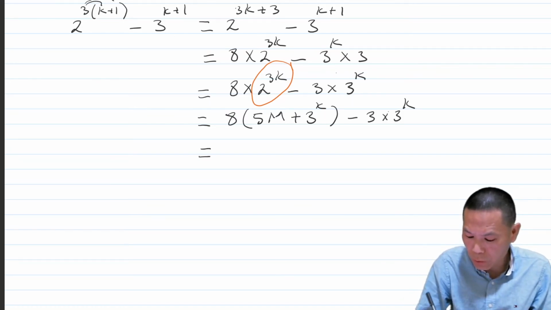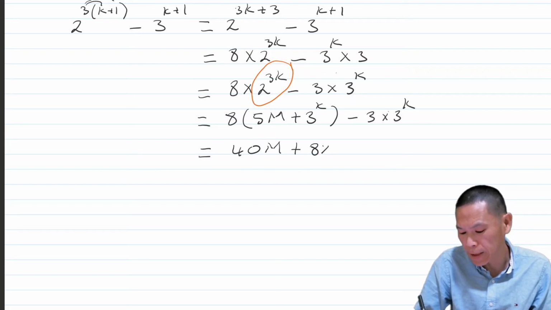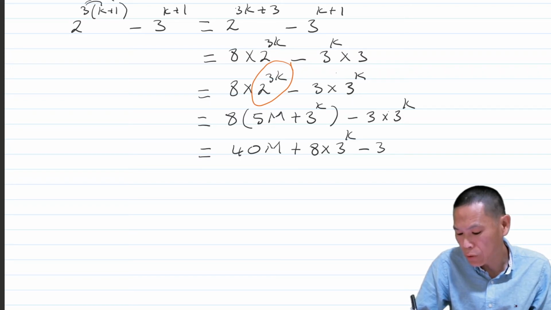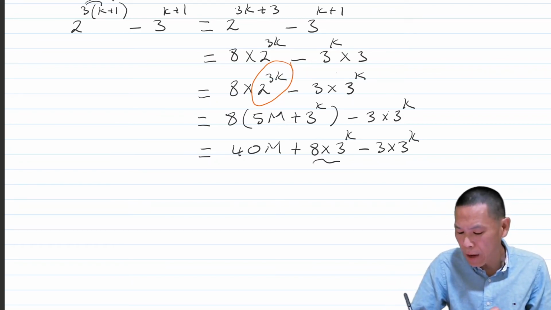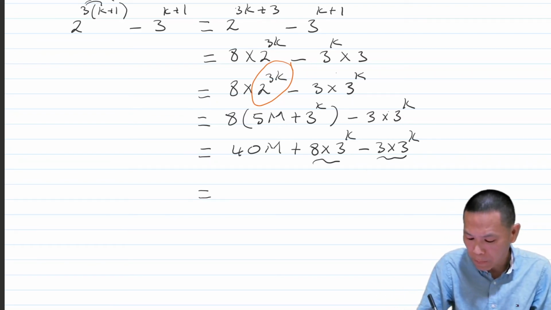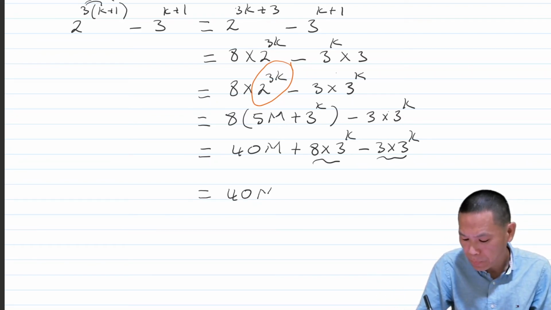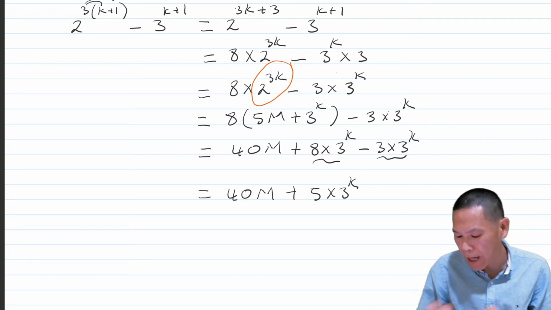So which is equal to 5 times 8 is 40m plus 8 times 3 to the power k minus 3 times 3 to the power k. So now I just collect like terms. So 8 apples minus 3 apples is 5 apples. So which is 40m plus 5 lots of 3 to the power k.